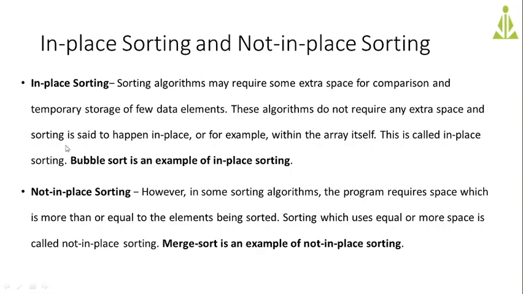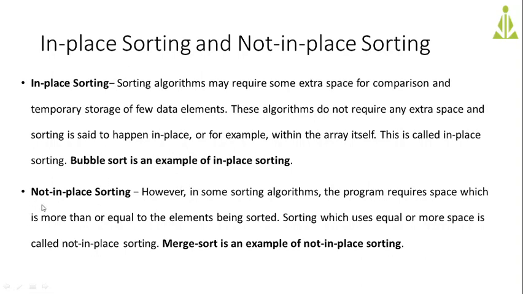Maybe it will be asked for 2 marks: in place sorting and not in place sorting. I hope you understand this. In place sorting means whatever memory storage it has, in that only it will sort.